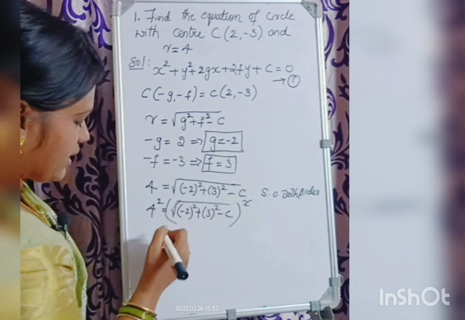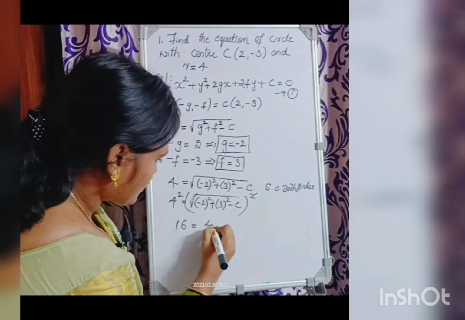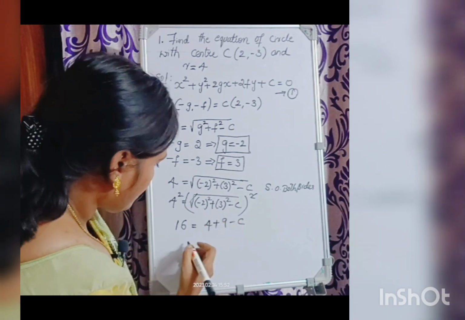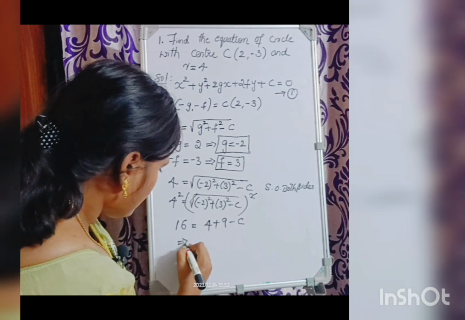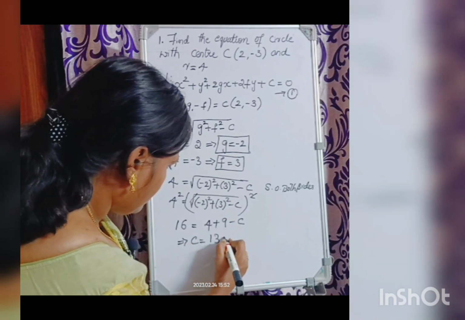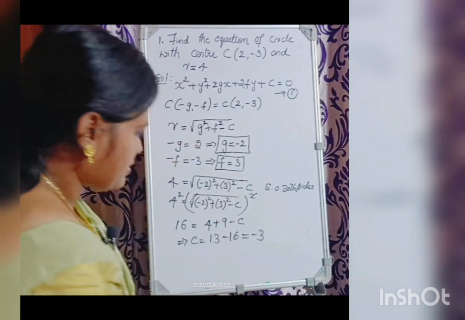So square root will get cancelled. So 4 square is 16, which is equal to 2 square is 4, 3 square is 9, minus c. Also c is equal to 13 minus 16, which is equal to minus 3.